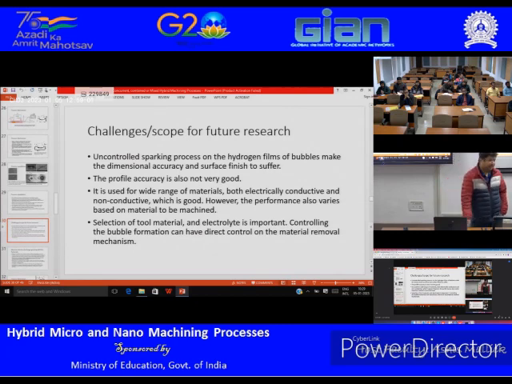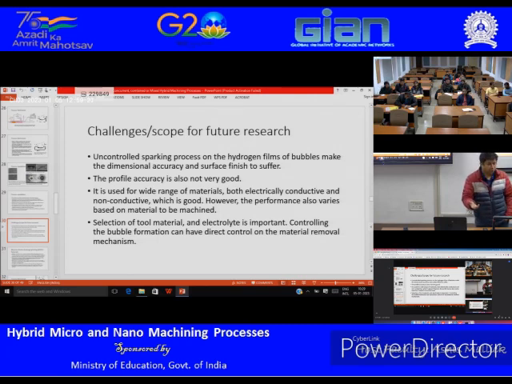Challenges, we talked about several challenges, right? Uncontrolled sparking on the hydrogen film and bubbles make dimensional accuracy a problem, and also the surface finish. So how can you control that? Then electrochemical dissolution on the area that has already been machined causes issues with dimensional accuracy and makes holes tapered.